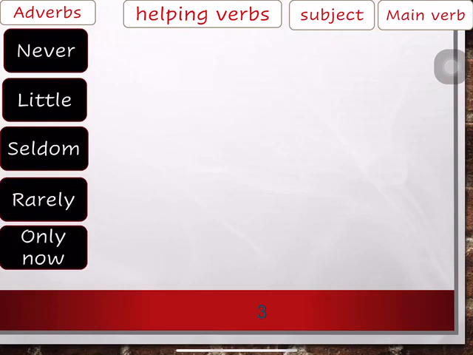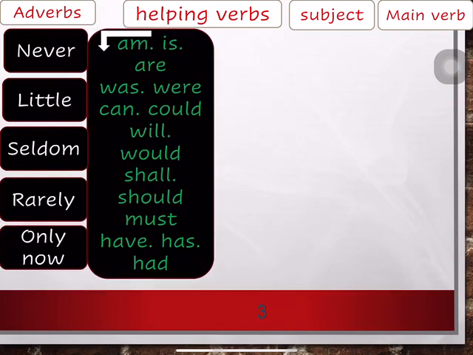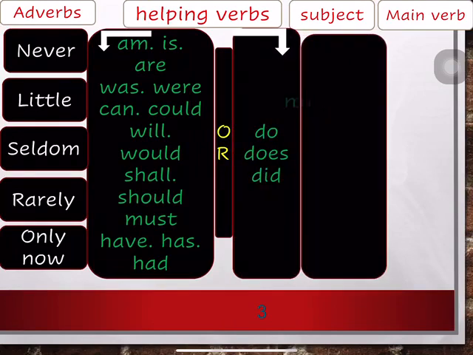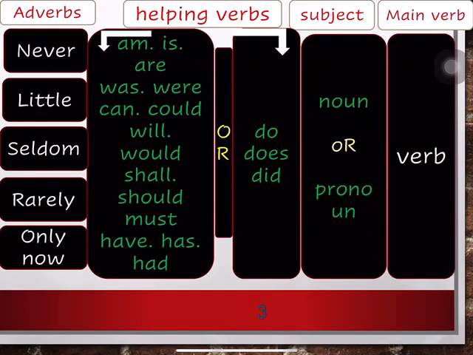A type that is already in the sentence, like is, are, was, were, can, could, will, would, have, has, and so on. And if they are not in the sentence, so we should use do, does, or did. And then I use the subject of the sentence. It can be a noun or a pronoun, and then I use the main verb of the sentence.